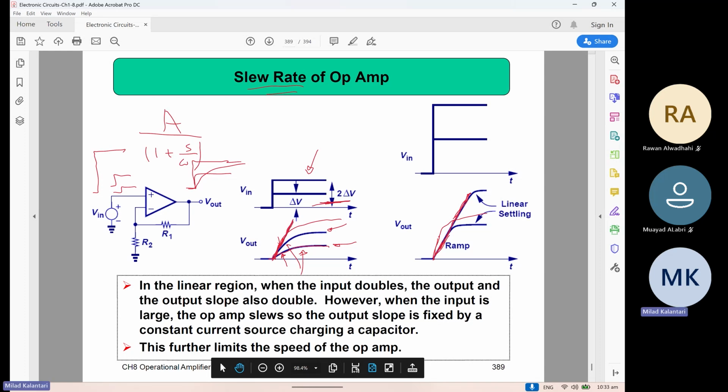It remains at a certain level. If you go even higher, the slope is not changing. This is called the slew rate, meaning the maximum slope with which the op amp can change the output. This is another limit for the op amp. Is this clear?